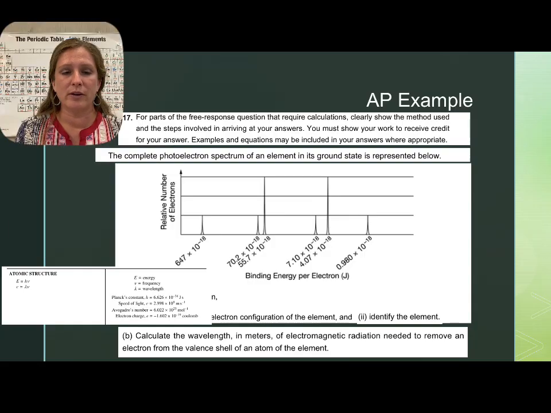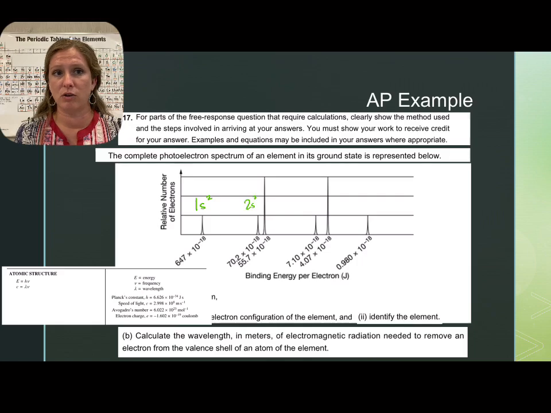Okay, so first thing we need to do is write the electron configuration. So we start with the peak all the way to the left, and it's 1s, and then it's full, so this would be 1s2. And then we go to the next 2 peaks. We've got 2s2, 2p6, they're full. We go to the third grouping, 3s2, 3p6, it's full. And then we go to the last one.